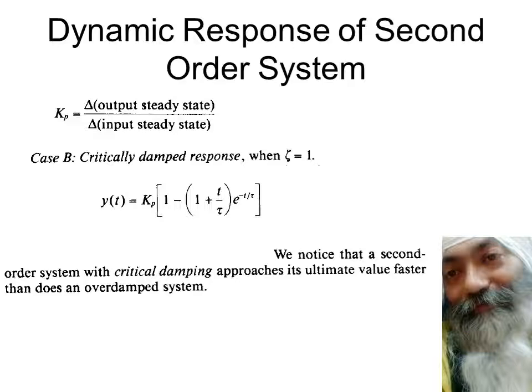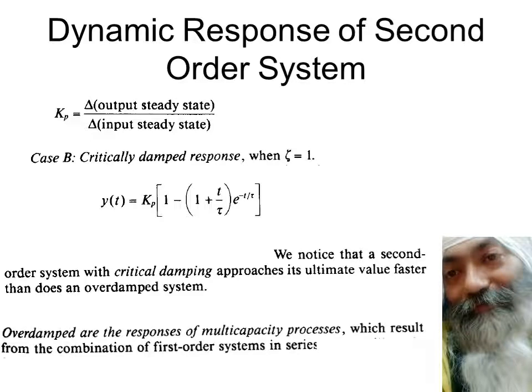Right now it is just on the verge of becoming oscillatory. That's the minimum value of the damping factor you can have without oscillations, or on the other side, the maximum value you can have with oscillations. This is the break-even point, the limiting point on both sides.